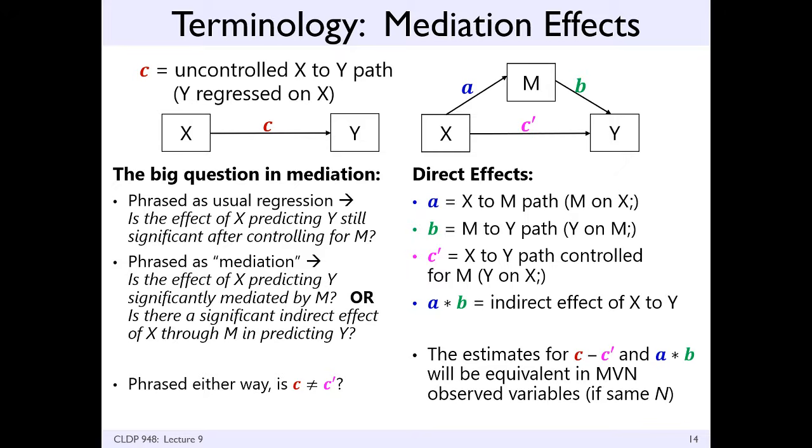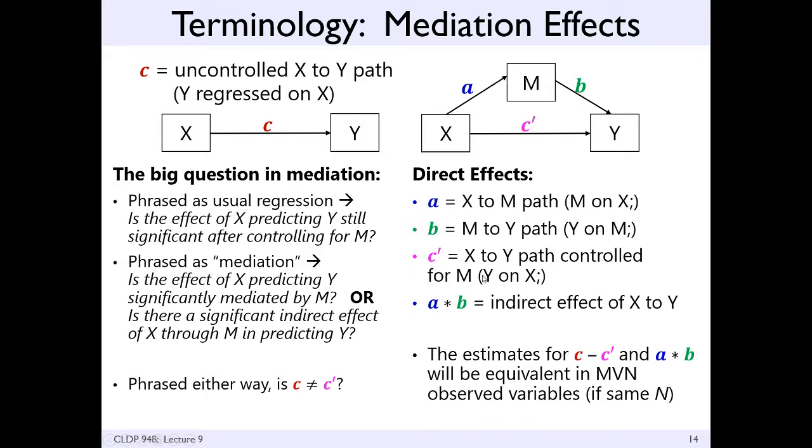So the relationship before you control for m is labeled as C in these. This is the terminology that's used almost exclusively. And then the relationship from x to y after controlling for m is C prime. The new C, the adjusted C. And the extent to which C and C prime differ is the test of mediation.